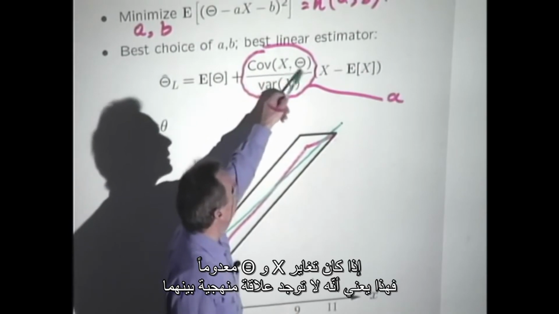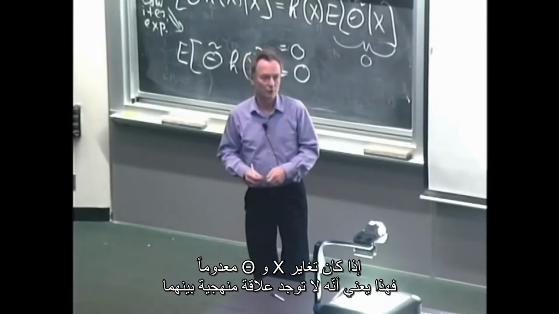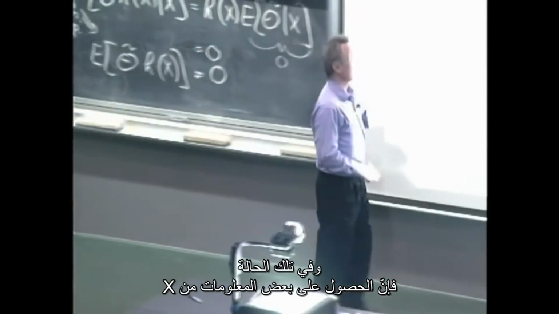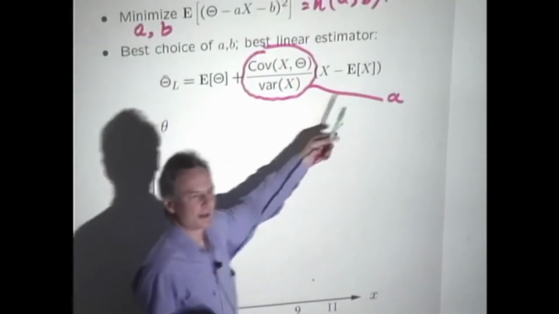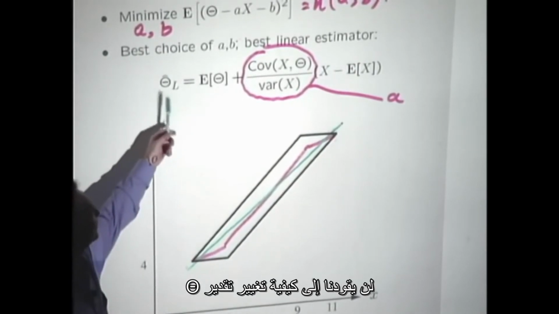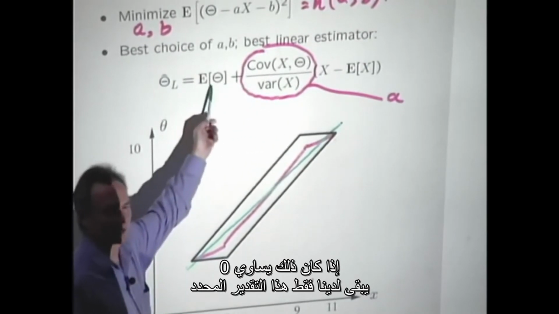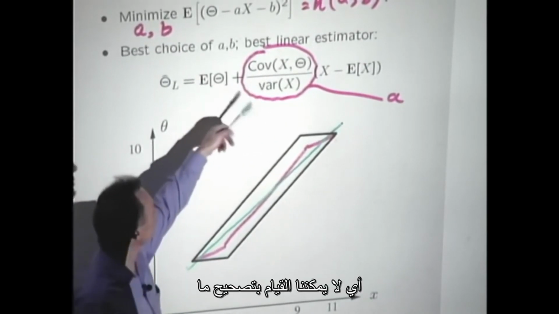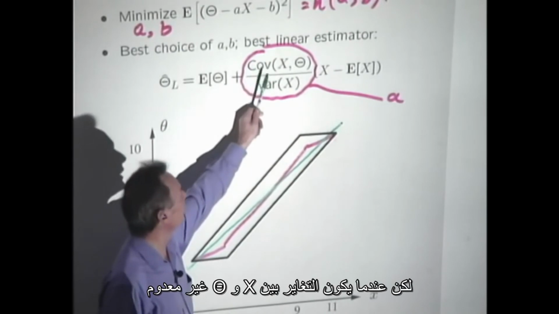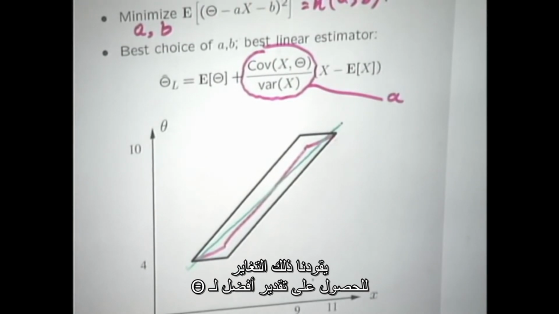If the covariance of x with theta were 0, that would mean there's no systematic relation between the two, and in that case, obtaining some information from x doesn't give us a guide as to how to change the estimate of theta. If that were 0, we would just stay with this particular estimate. We're not able to make a correction. But when there's a non-zero covariance between x and theta, that covariance works as a guide for us to obtain a better estimate of theta.